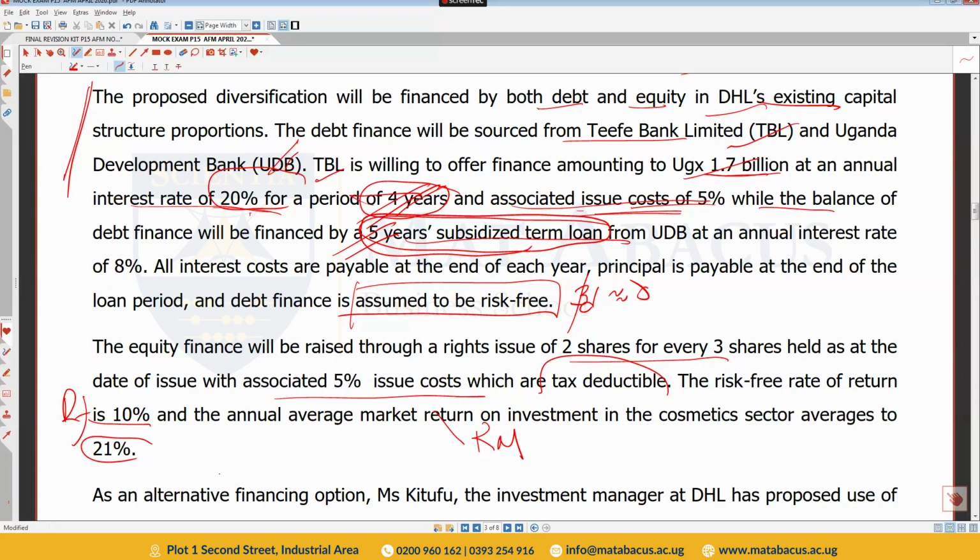If we continue reading, the equity finance will be raised through a rights issue of 2 shares for every 5 held at the date of issue, with associated 5% issue costs, which are tax deductible.